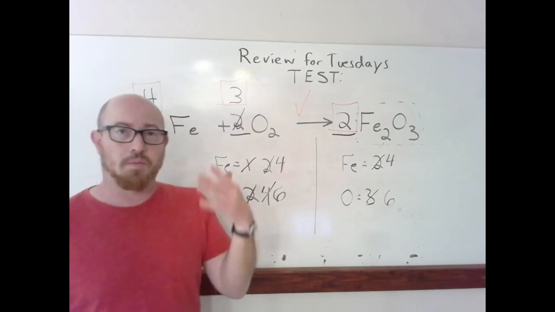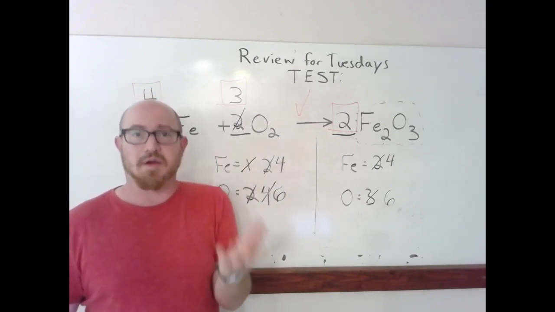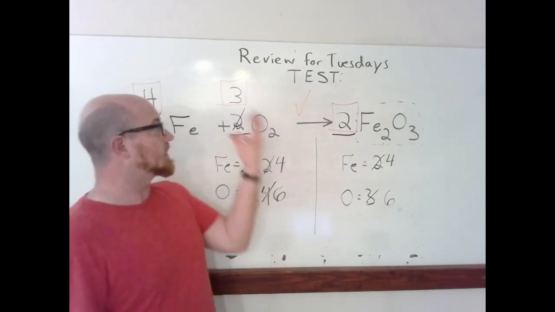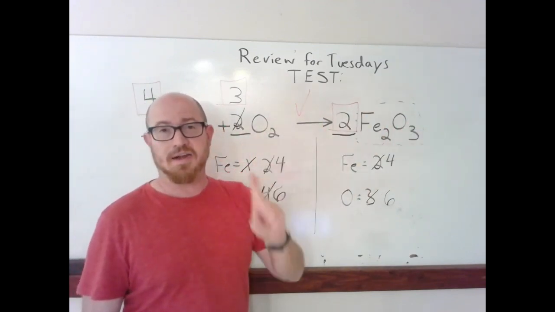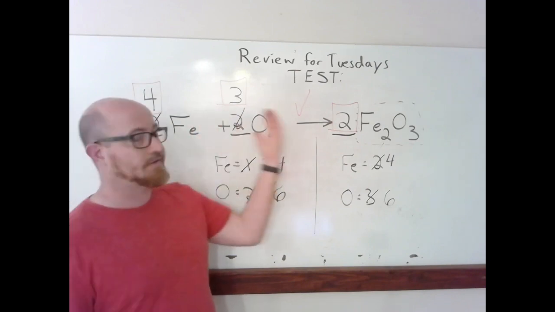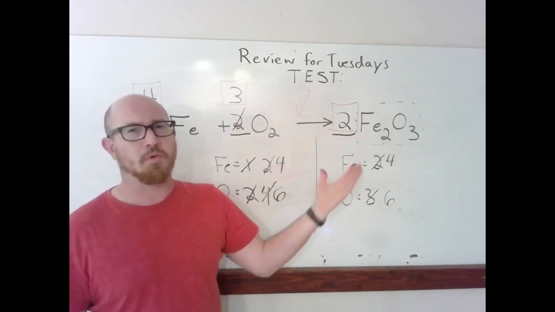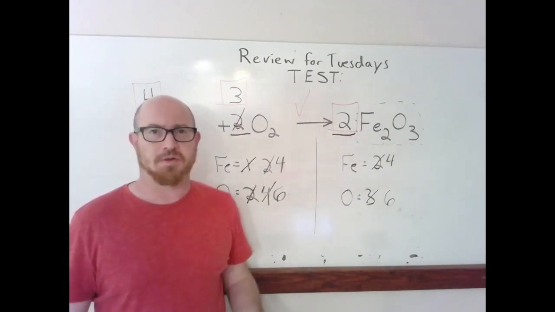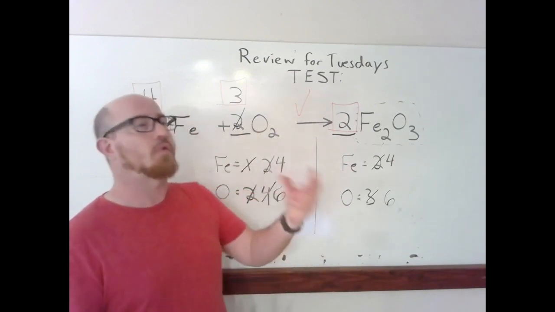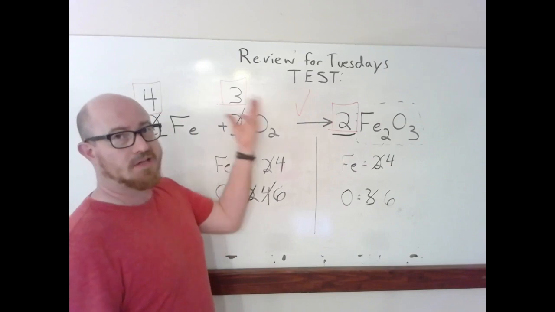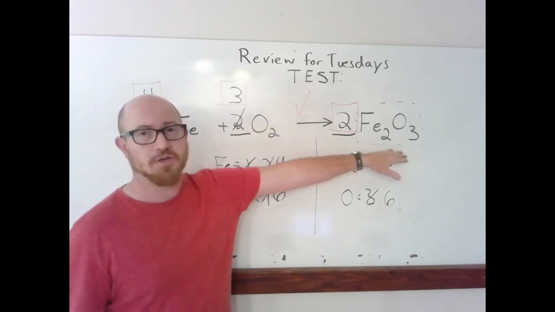So now what we've gone through is the first half of chapter 7. You've seen how the anatomy of a chemical reaction looks, and now you've seen how to balance one. And more importantly, why we do it in the first place. What this does is give you the ratios for how much iron plus how much oxygen will make how much rust.